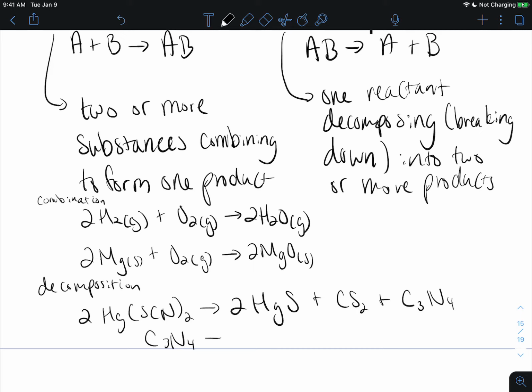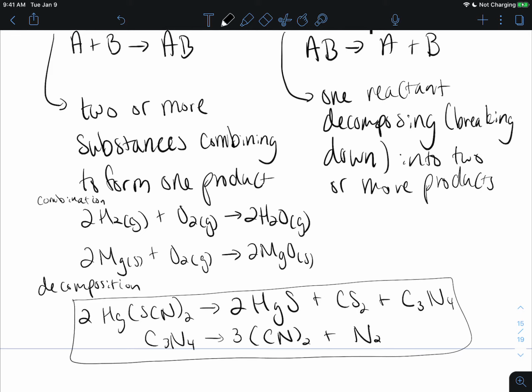C3N4 goes to 3CN2 plus N2. And actually this reaction right here, it's called the Pharaoh snake, and if you look in the PowerPoint, I've got a video of this decomposition process.